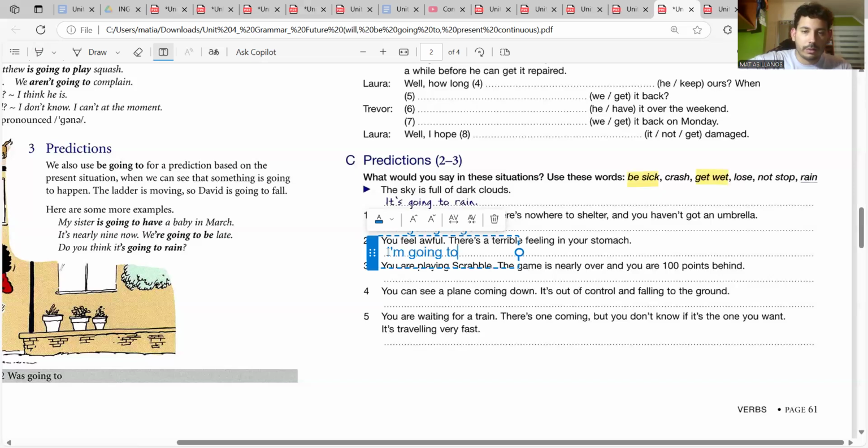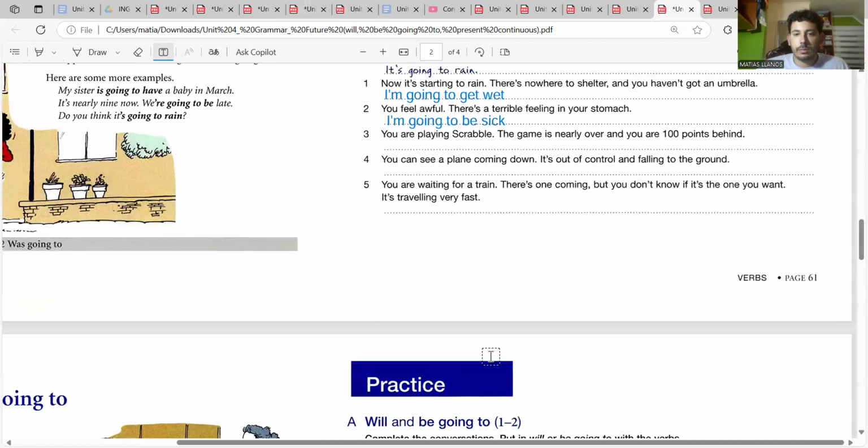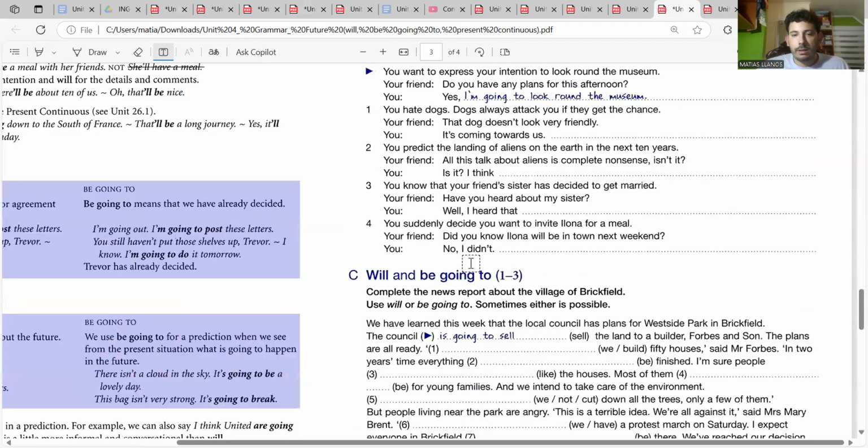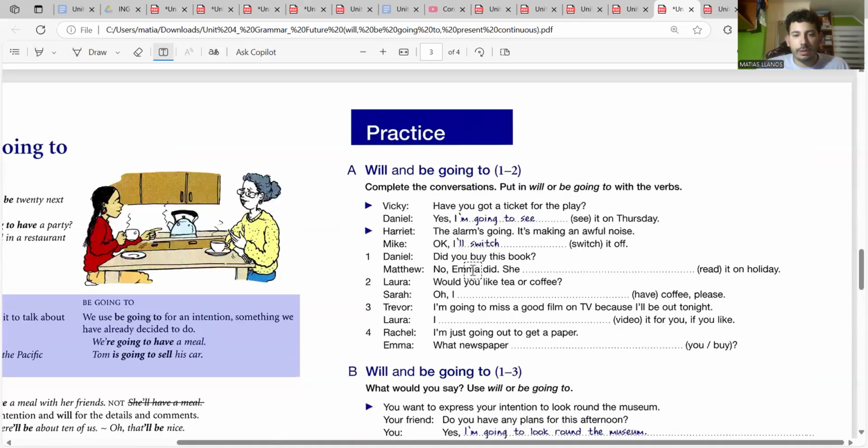I'm going to get sick. Oh, sorry, not get. In this case, it's be. I'm going to be sick because here it says be sick. And like that. Then we have the third page.